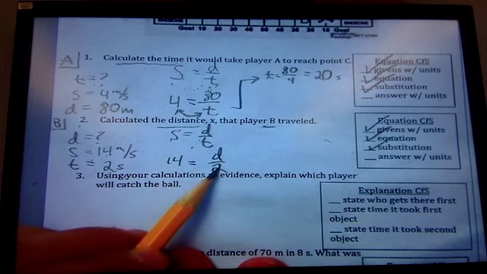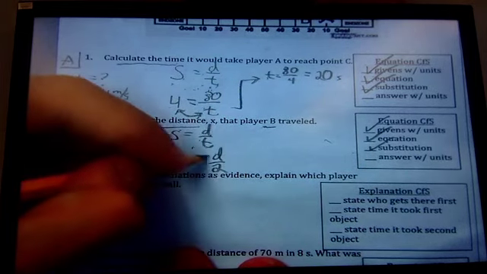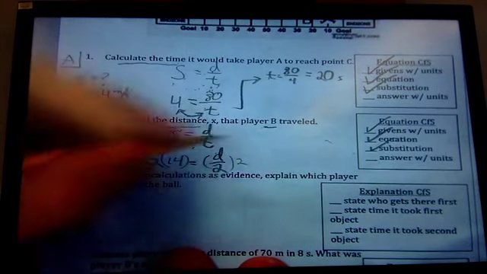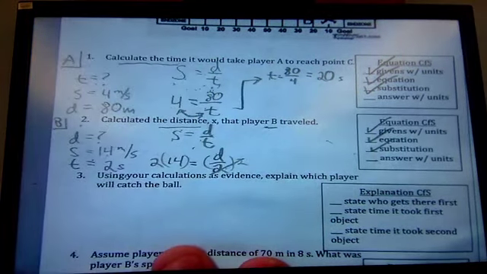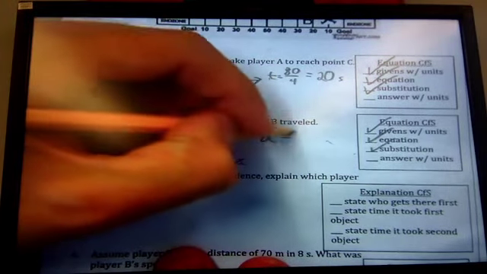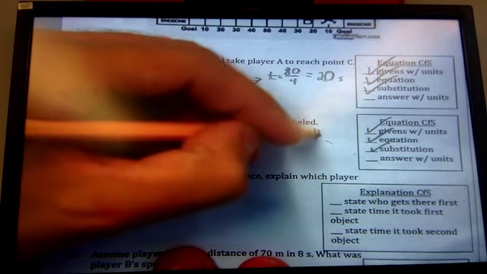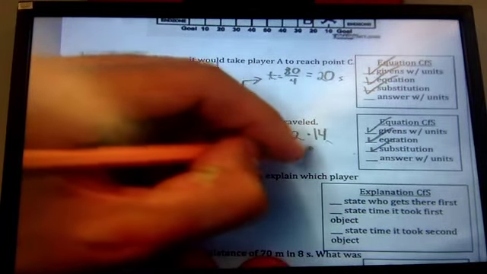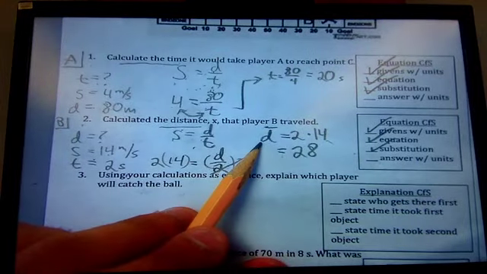I see that D is divided by 2. So I multiply both sides by 2 to undo that. These 2's cancel. I'm left on the left with D equals 2 times 14, or 28. The unit of distance is meters, so I know my answer should have meters.